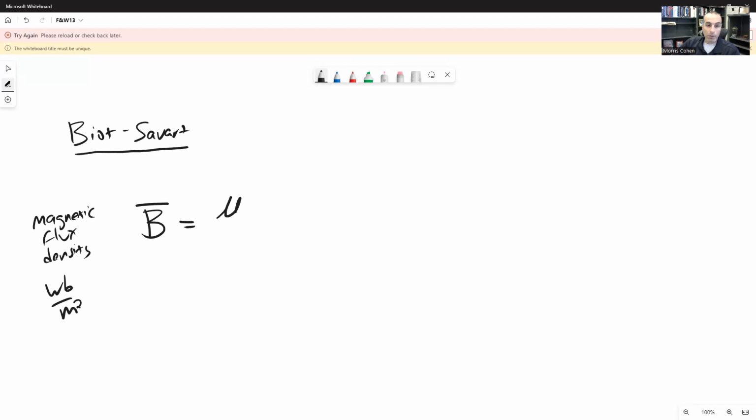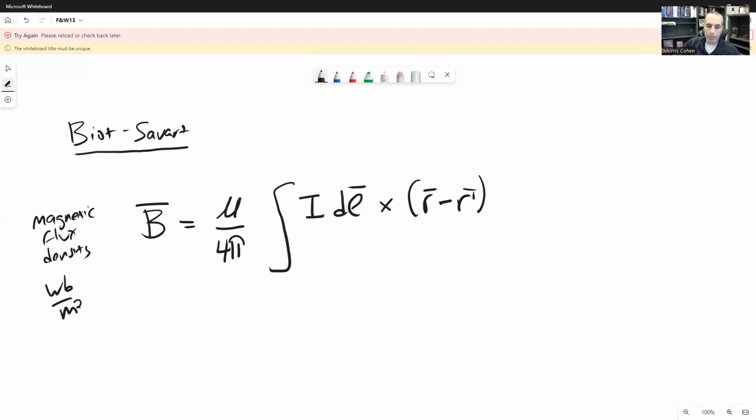It turns out to be equal to mu, the permeability of the material, divided by 4 pi, times the integral of the current times small lengths dL, crossed with r minus r prime, divided by the magnitude of r minus r prime cubed.